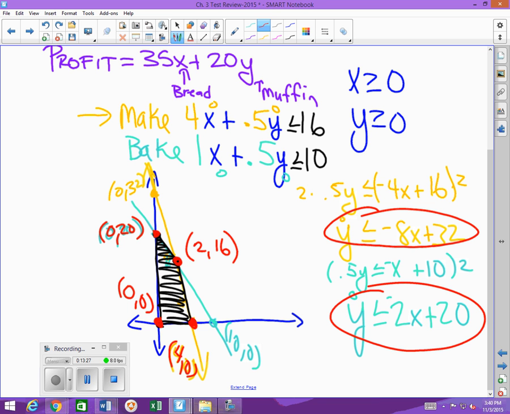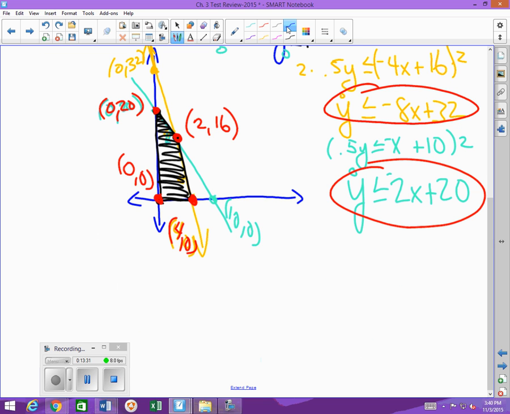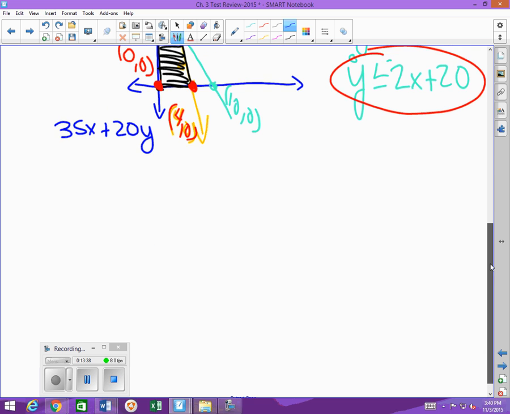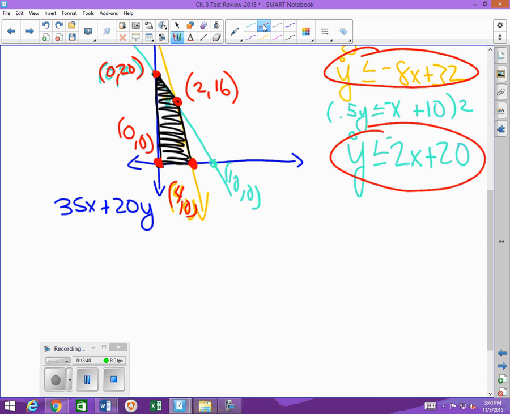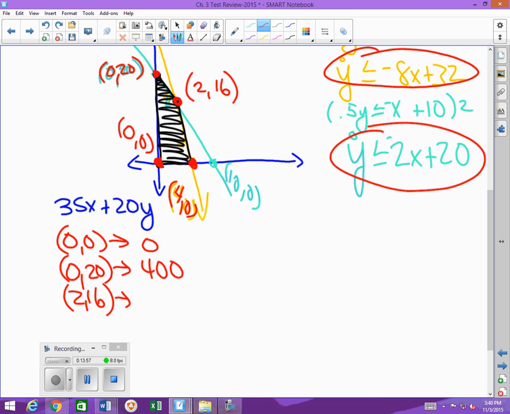And so now we have to use those in our objective function of 35x plus 20y. If we use the coordinate 0, 0, we will get a value of 0. If you use the coordinate 0, 20, you will get 400. The point 2, 16 is going to give you 390.